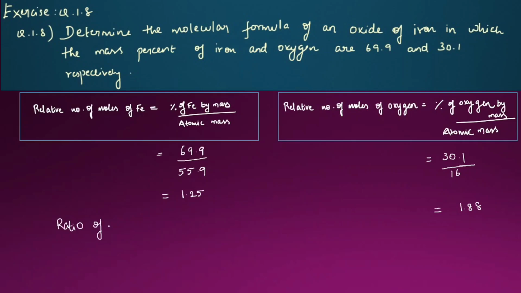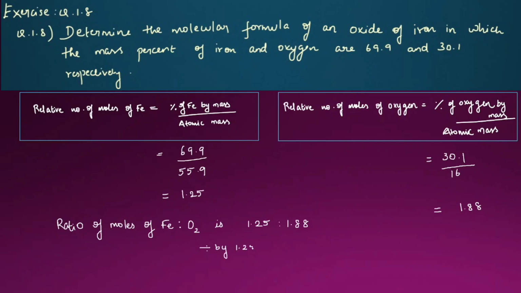Let's take the ratio. So ratio of number of moles of iron is to number of moles of oxygen is equal to 1.25 is to 1.88. So since this is in decimal, let's try to convert them into whole number.